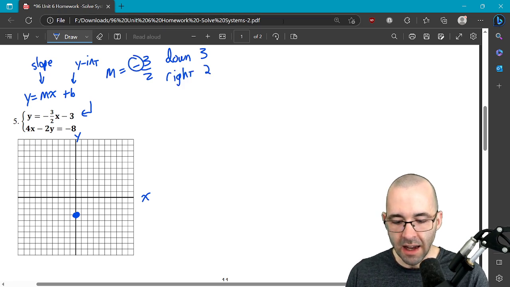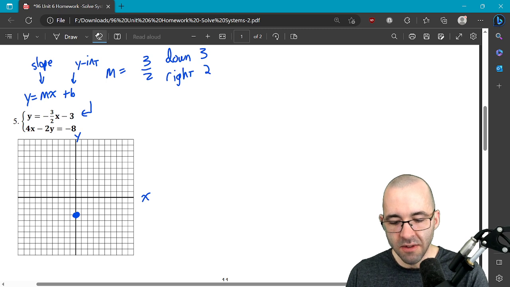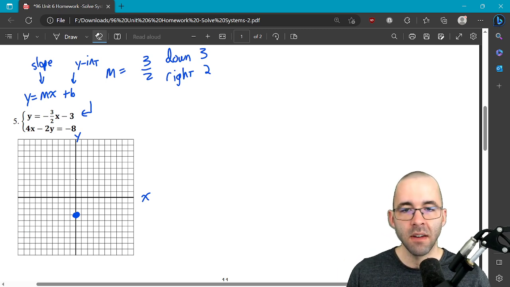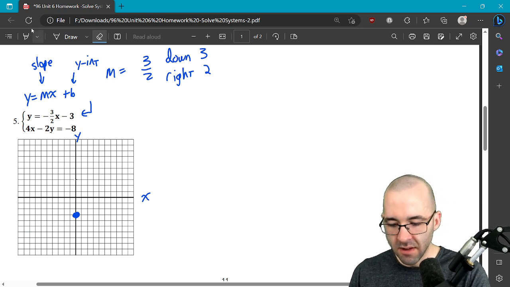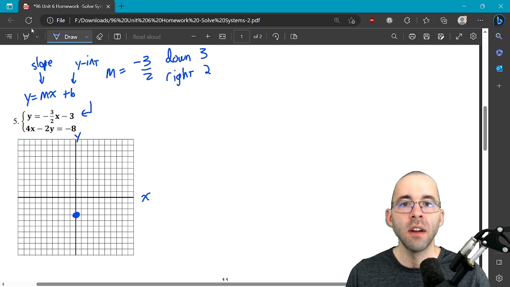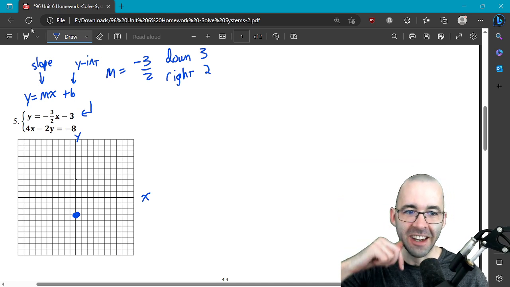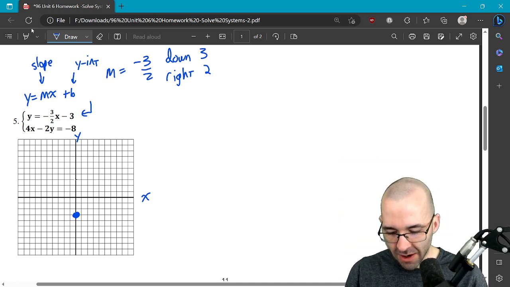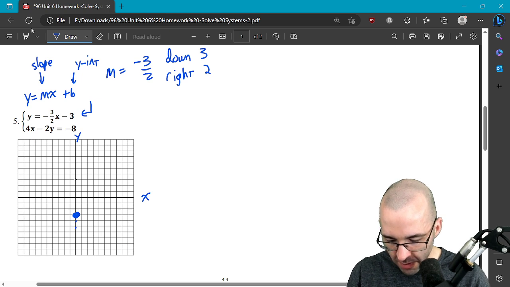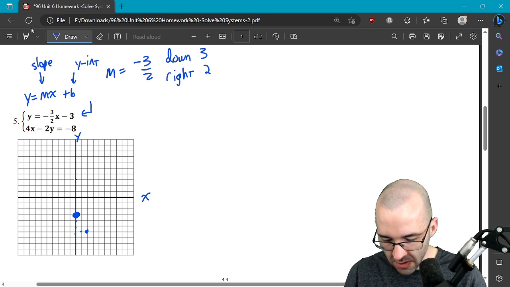It's down because of the negative. If it were +3/2, it'd be up 3. Rise over run. Since it's negative, the rise is a negative rise. Falling, okay? All right, so down 3, 1, 2, 3, and right 2, 1, 2.